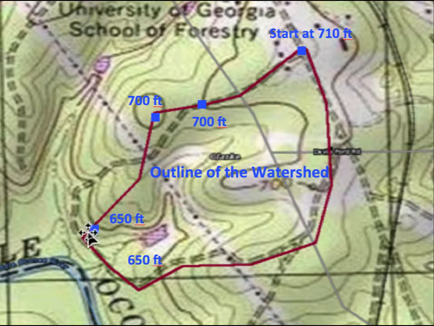It'll continue on down to 640, 630, and approximately 620. So the low elevation here is 620 feet. And then we start going back up to 640, 650, 660, 670, 680, 690, and back up to this large area here at 700 feet. And then we trace back to the beginning, back to approximately where the road is, and then we close the polygon back to this particular point.